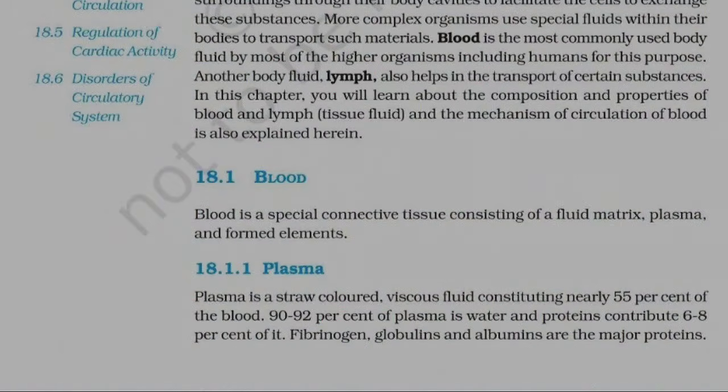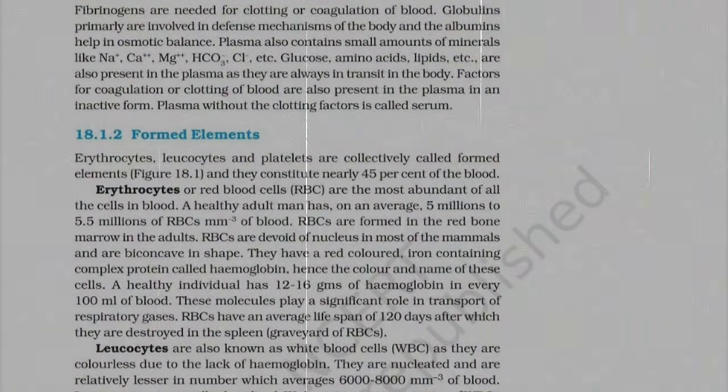Fibrinogen, globulins, and albumins are the major proteins. Fibrinogens are needed for clotting or coagulation of blood. Globulins primarily are involved in defense mechanisms of the body, and the albumins help in osmotic balance.